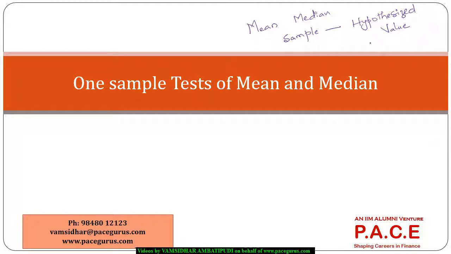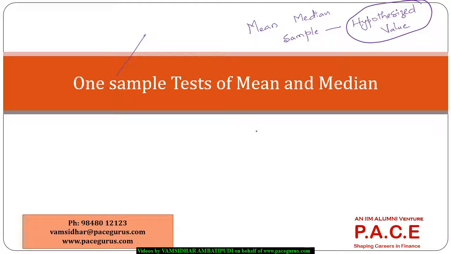Based on that sample, we want to find out whether the mean of this particular sample is more or less equivalent to a hypothesized value, or is it significantly different from that. So we are taking one single sample at a time and trying to find out whether the mean or the median of that sample is equal to some specific value, right?